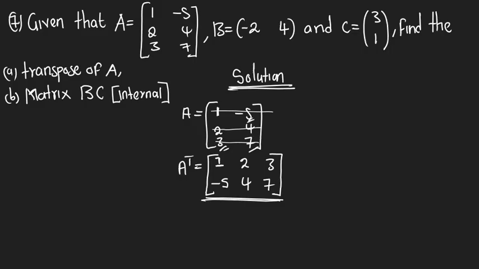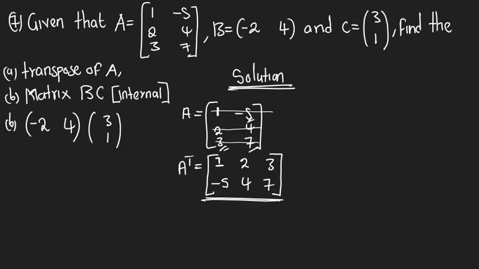Now, let's do B. B is saying we calculate BC. Just get your matrix for B, multiply it with C. Now, there's something important I want you to do. Before you do anything, find the order.